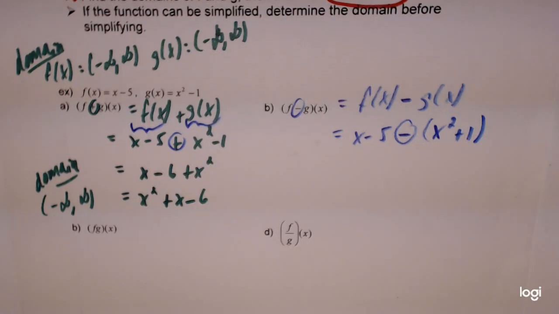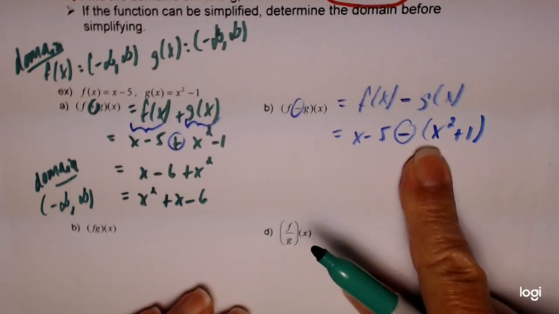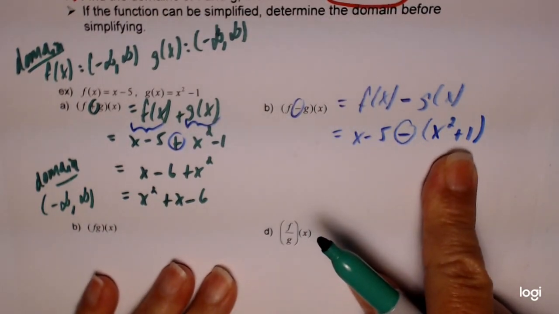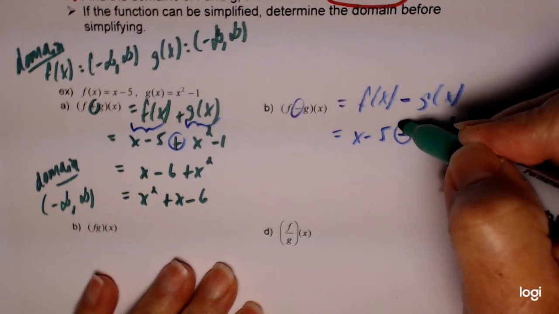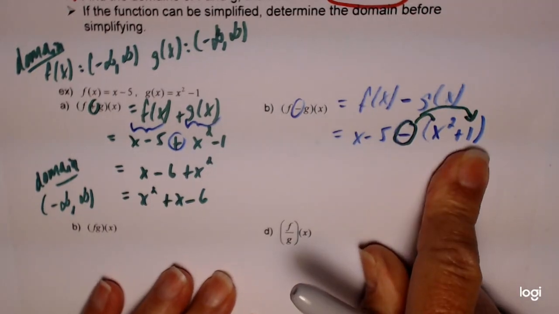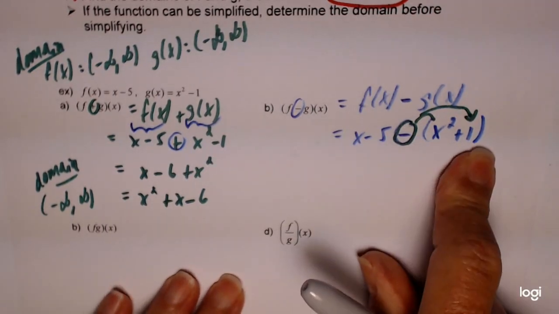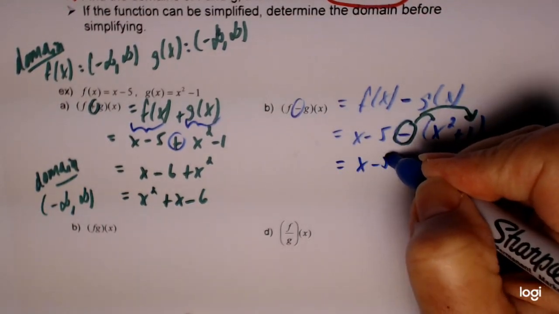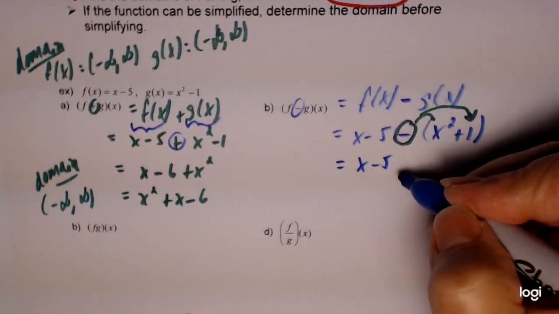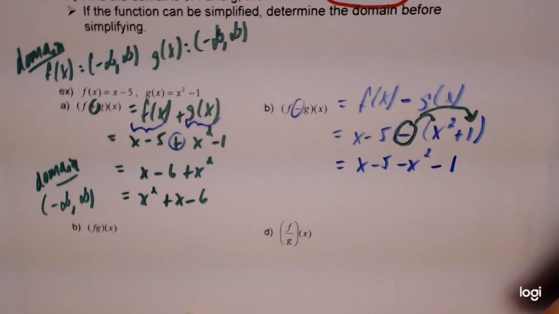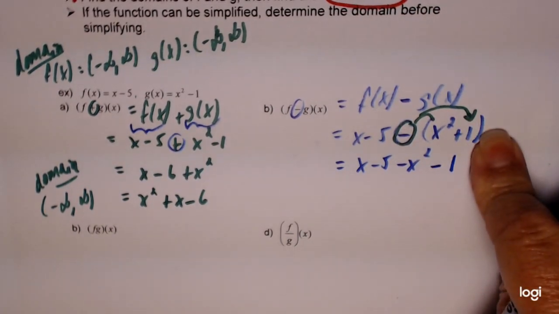Whenever we have a subtraction in the world of algebra, I think it's really helpful to put what's being subtracted in parentheses, because remember, this negative sign has to be distributed to everything in that g of x term, and writing the parentheses will help you to do that. So here we have x minus 5, then distribute that negative sign, so we have negative x squared, and then negative times 1, we have negative 1. Negative, I should have said positive 1.